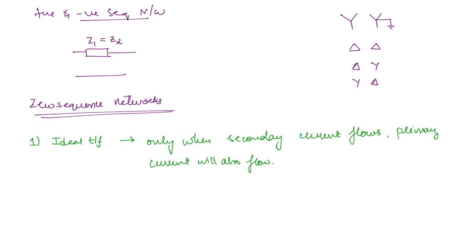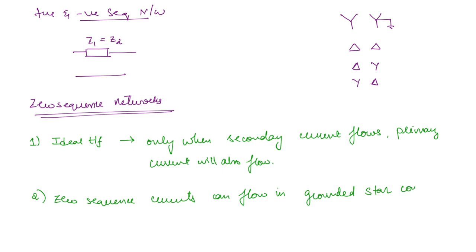Now the second point is, zero sequence currents can flow in grounded star connection only, because the ground will provide a return path for the zero sequence currents. What happens in positive and negative sequence?